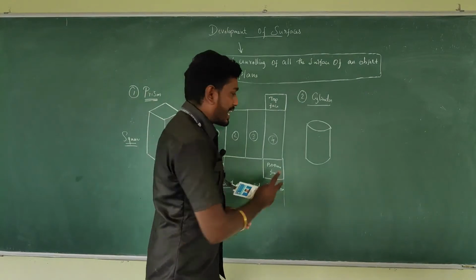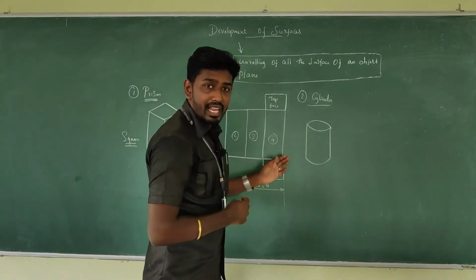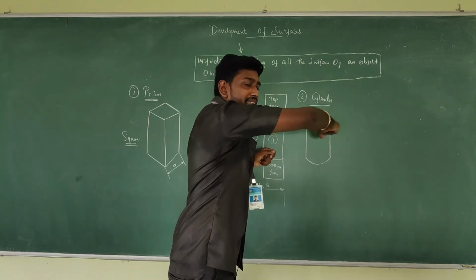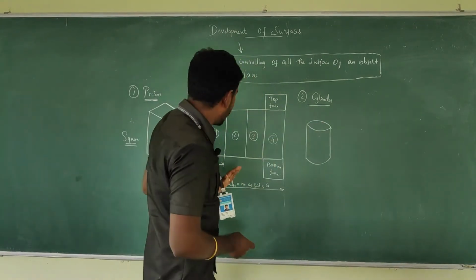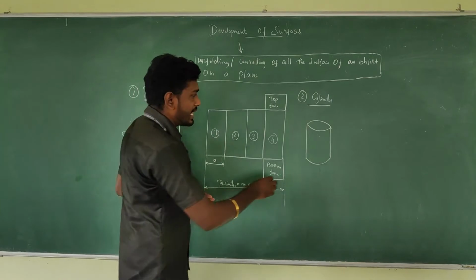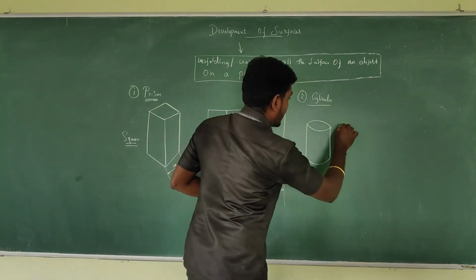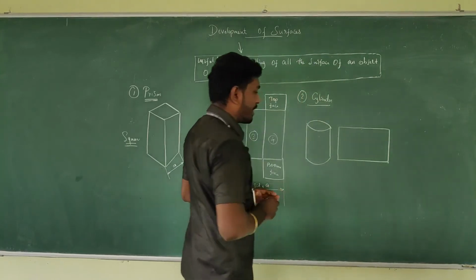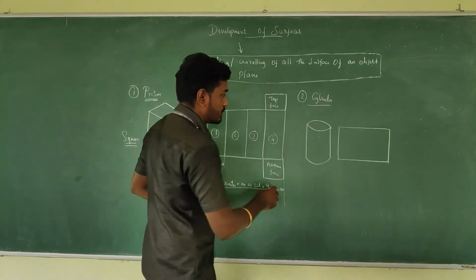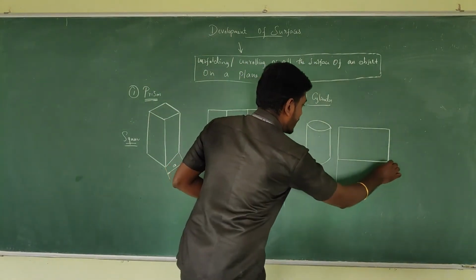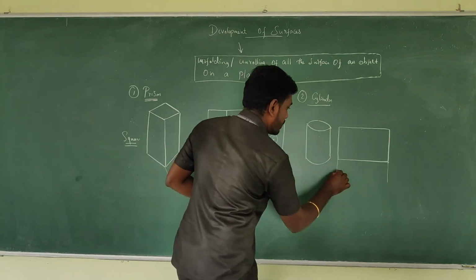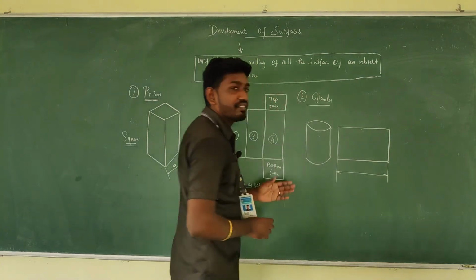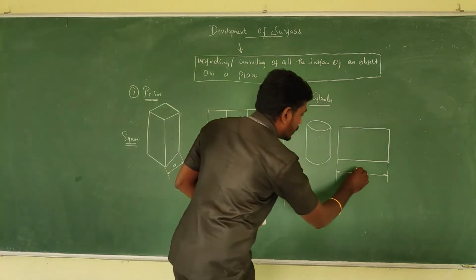If you cut at the left extreme and stretch it out from the rear side, here as well you will see a rectangular face in the stretch out. This rectangular face length will be equal to the circumferential length, that means pi into d.